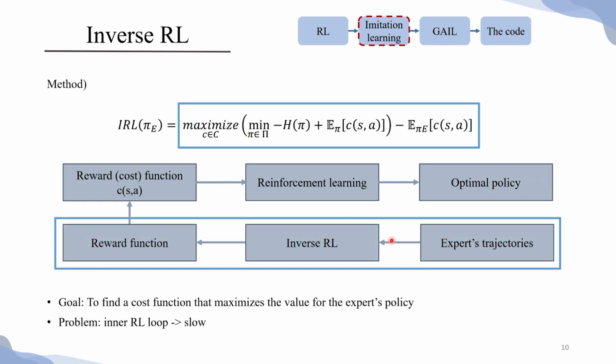Here is the next part. When given an expert policy, the goal is to find a cost function that maximizes the value for the expert policy while minimizing the value for other policies. In other words, we are trying to find a cost function that says what the expert does is the best.